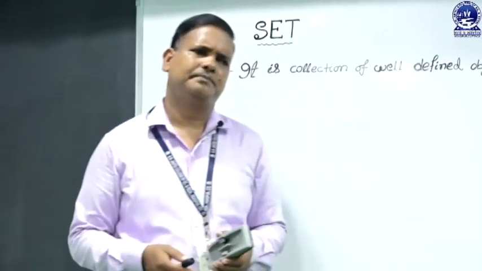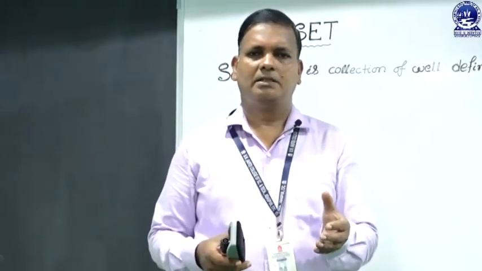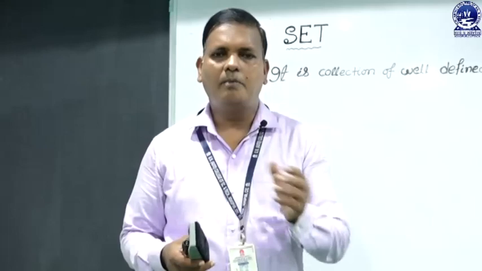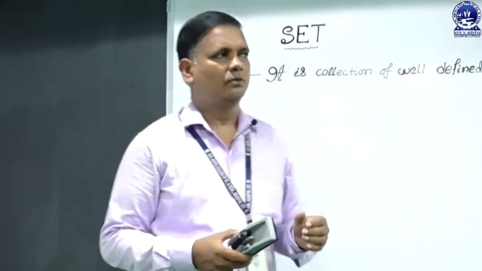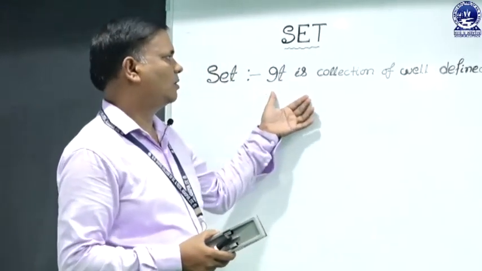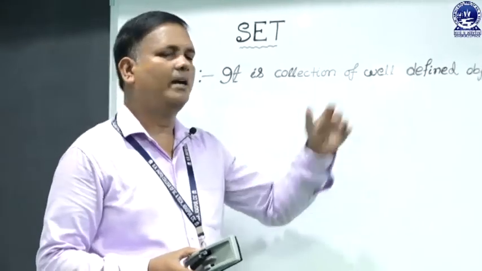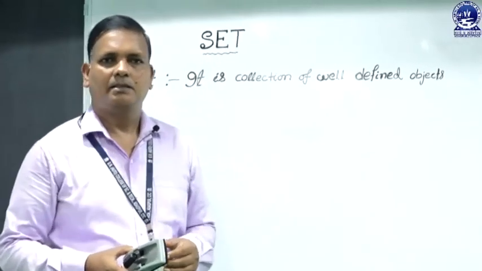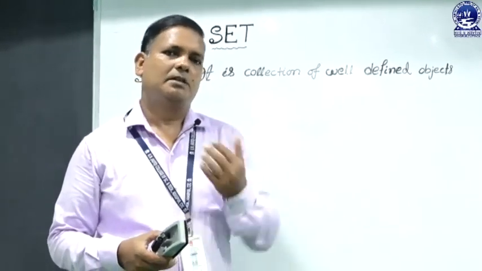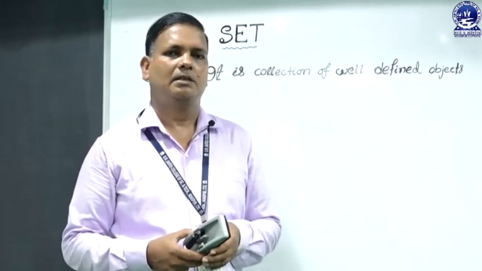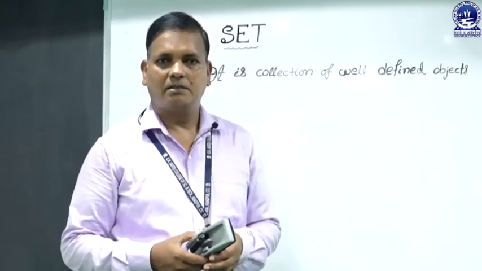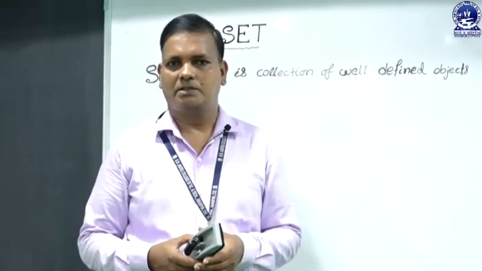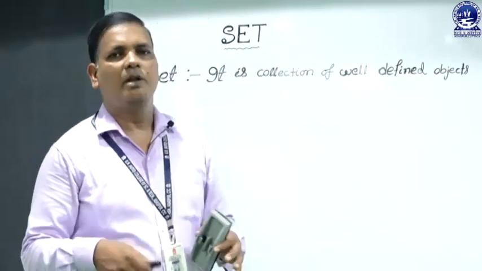What is set? Set is nothing but the group of objects. So the definition of set is the collection of well defined objects. That means the synonym of a set is like a dozen of bananas. So that means 12 bananas.